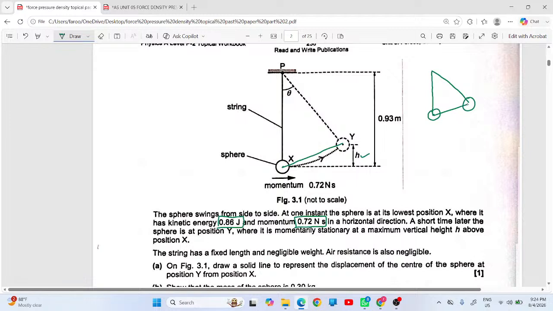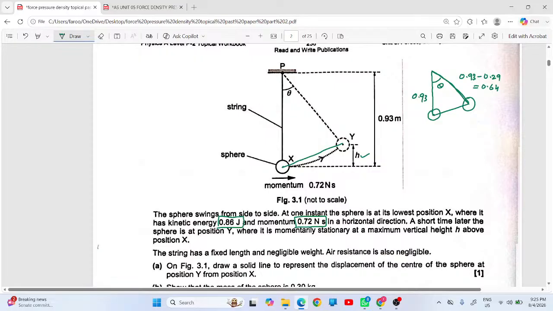And this one is the displacement. यहाँ से this one is 0.93 टोटल वन, और इसमें से 0.93 में से हाइट को माइनस कर दें। 0.93 माइनस हाइट, हाइट क्या आई थी हमारी? 0.29. सो जो हम माइनस करेंगे, you will get this height, this length, which is 0.64. Okay, now this one is the theta.